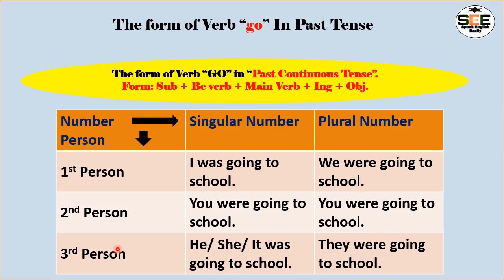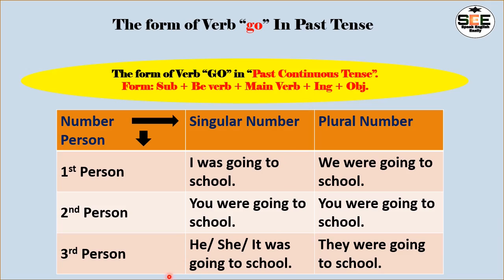And in the third row, that is the third person, here he, she, it was going to school. Here he, she and it are third person singular number subjects, right? So was is the be verb, and going is the main verb go, and ing is added to make it continuous tense, and school is the object.